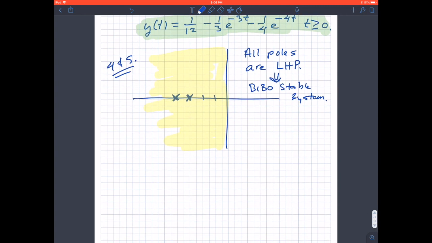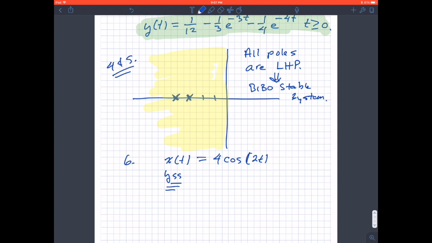Okay, moving on to part 6. In part 6, you're given x of t is equal to 4 cosine 2t. And what's important here is we ask for the steady state solution, not the total solution. So you don't have to do the full up Laplace transform inverse.